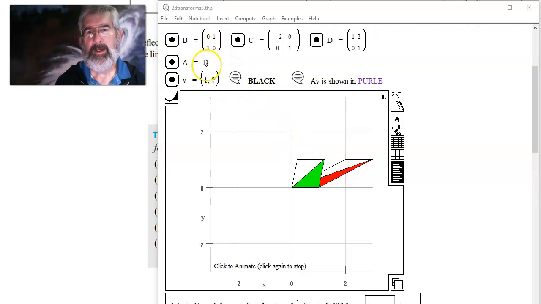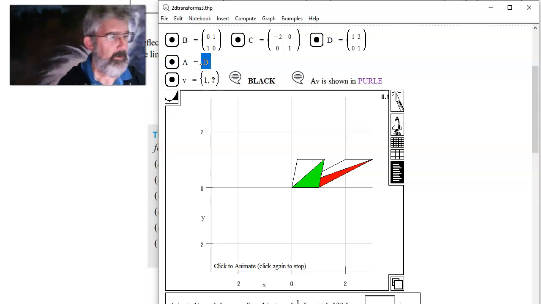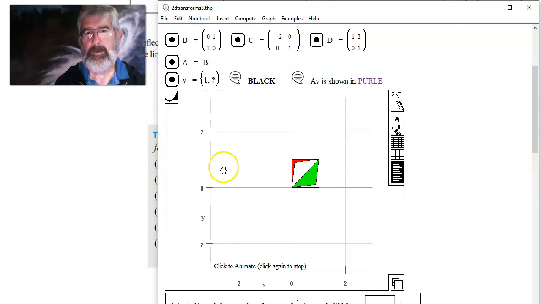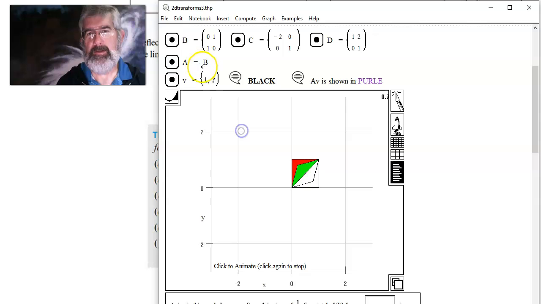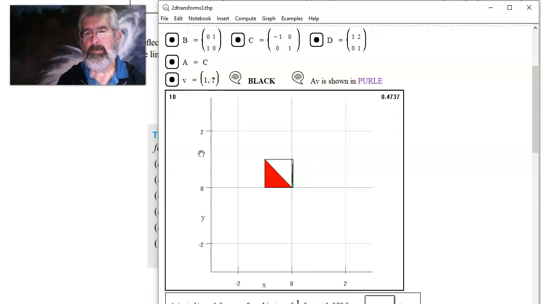For instance, if I use this matrix here, B is the transformation that reflects over the line y equals x. And if I did this, this is reflection across the y-axis.